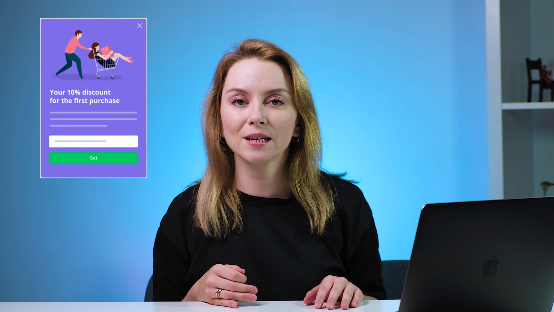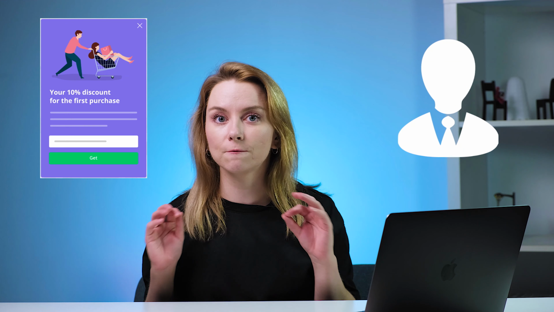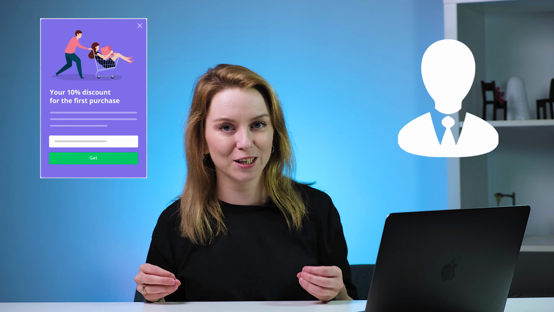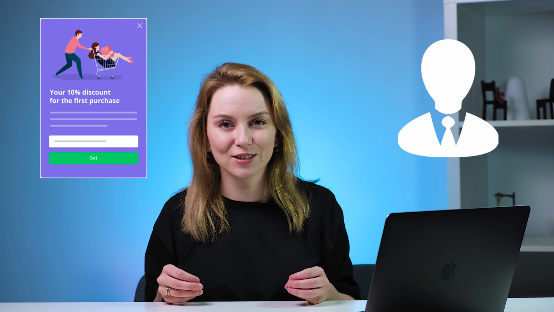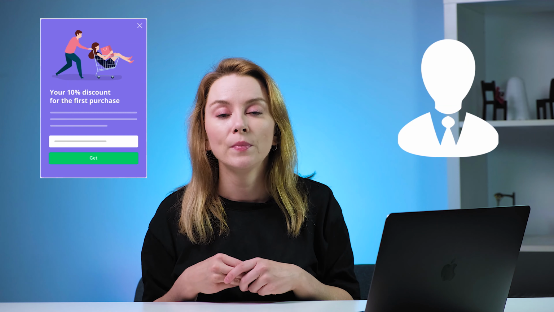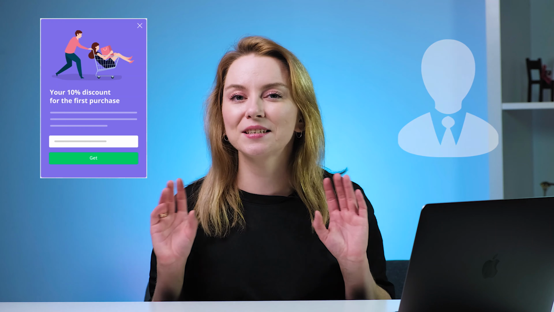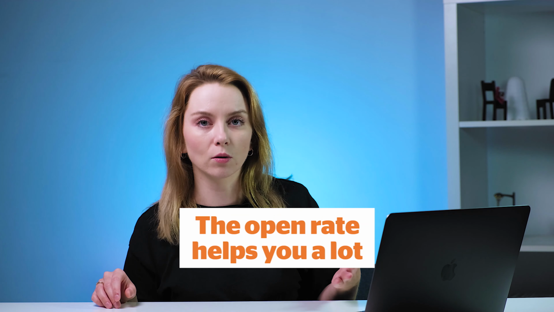If you launch pop-up windows and you see that your customers don't close it and the pop-up window is very successful, you get the information that you want, you get the key action that you expect your customers to do after seeing this or that pop-up window, then the pop-up window communication strategy is a good one for you. Here the open rate helps you a lot. You're going to see the conversion to the key action in this pop-up window and definitely take the decision if the pop-up window is good for you or not.